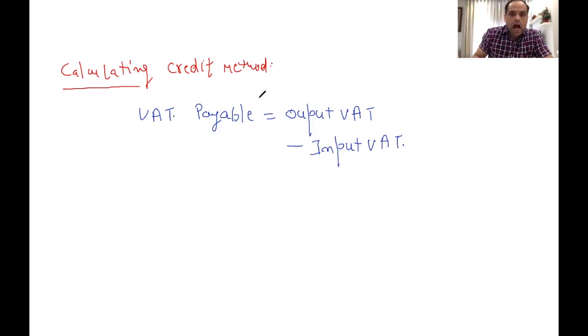Now, what does it mean, output and input? Let me explain output and input. Output VAT, in simple words, means the VAT we pay at the time of selling, right?